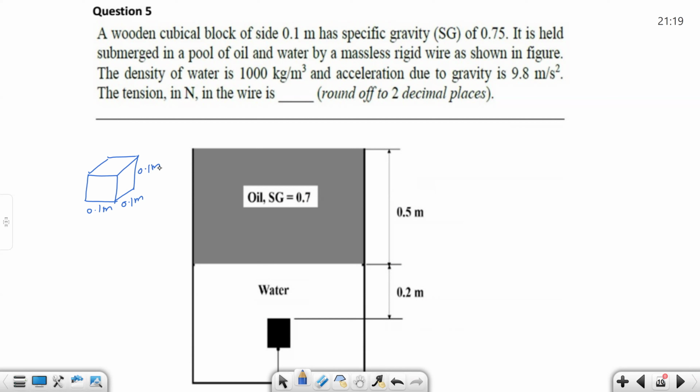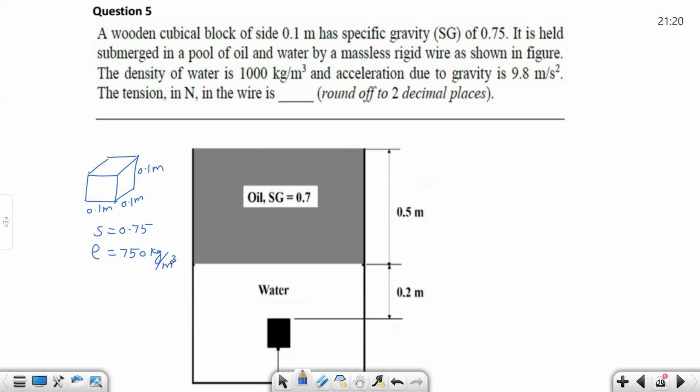The wooden cubical block has specific gravity, 0.75. Then the density of the material is 750 kg per meter cube, multiplying by 1000 will give you the density.